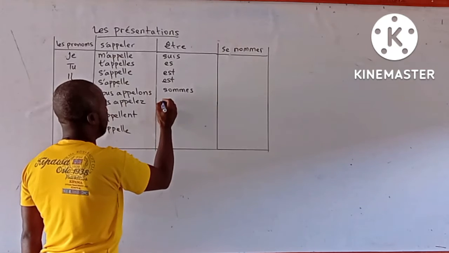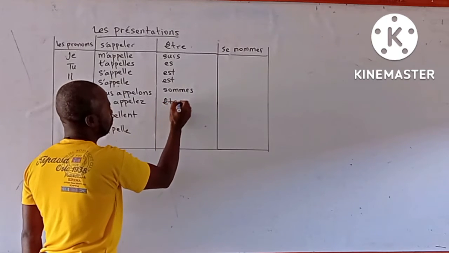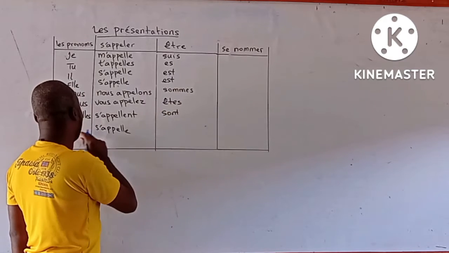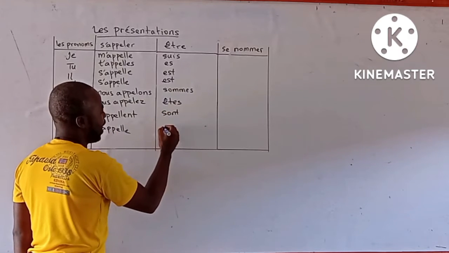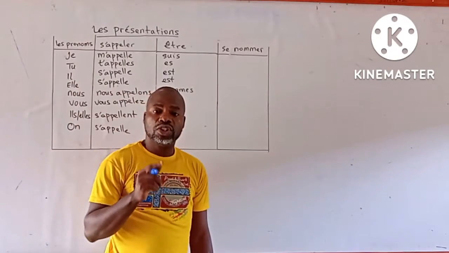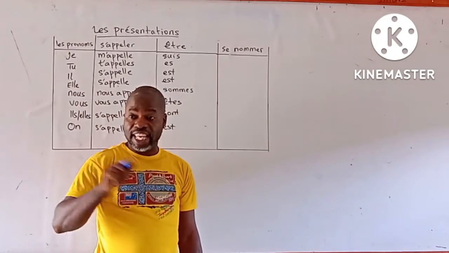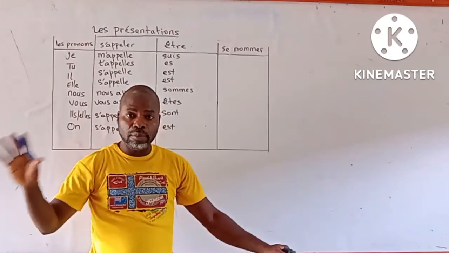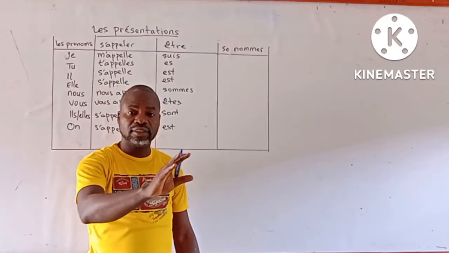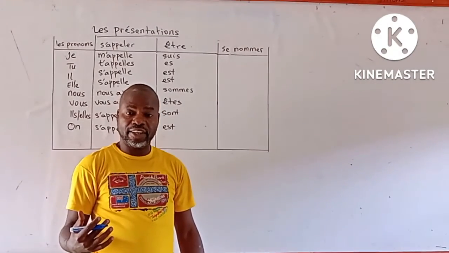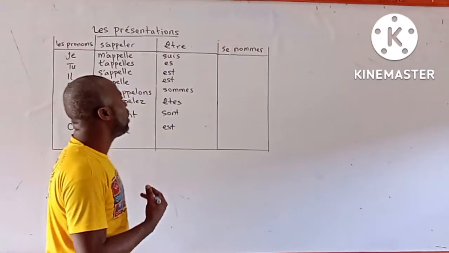Vous êtes, ils sont, on est. Je suis, tu es, il est, elle est, nous sommes, vous êtes, ils sont, on est. D'accord? Let's move to the next one.